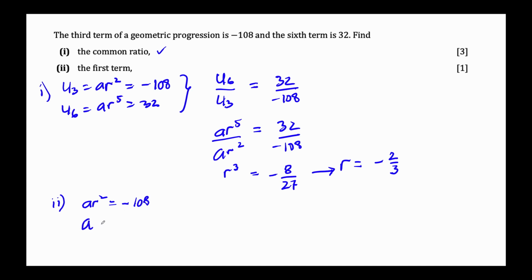You can substitute a times r to the power of 2, so negative 108 divided by 4 over 9, which is the result of squaring negative 2 over 3. In this case, you will get a equals 243.